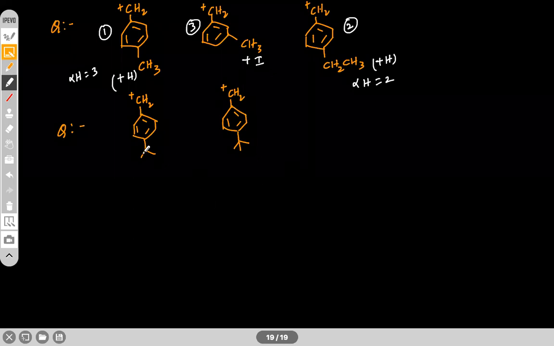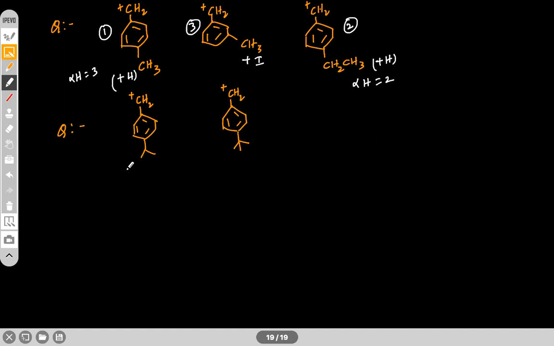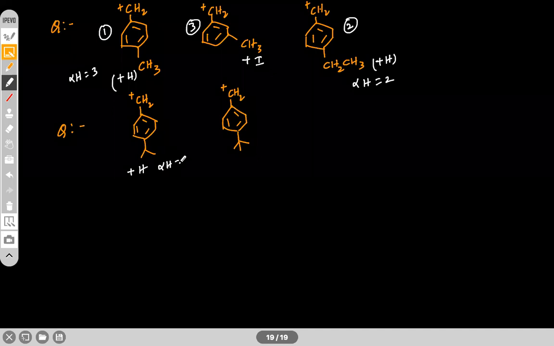Now here you see we have plus H effect possible, and the number of alpha hydrogens is 1. But here we have the I effect possible, plus I. Plus H is not possible because there is no alpha hydrogen present here. Alpha hydrogen 0, so no alpha hydrogen, no hyperconjugation.